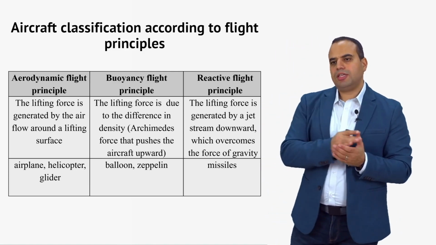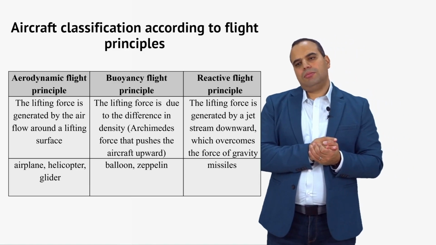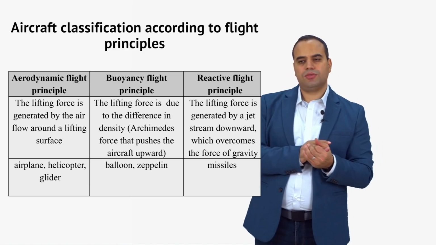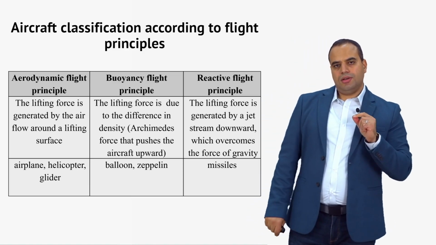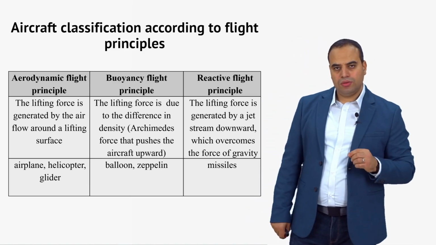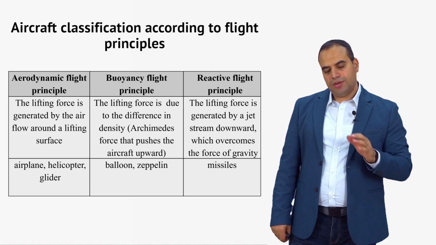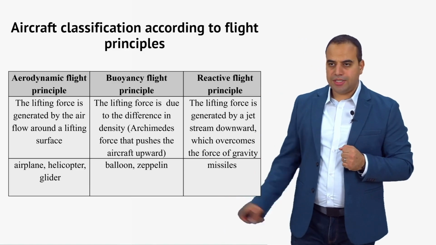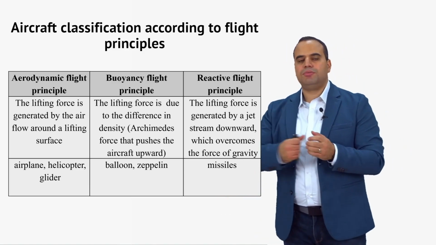And finally, we have the reactive flight principle, where basically the lifting force is generated by a jet stream downward, which overcomes the force of gravity. So the third law of Newton, which says for every action there is an equal and opposite reaction, plays out. That's why it's called the reactive flight principle.